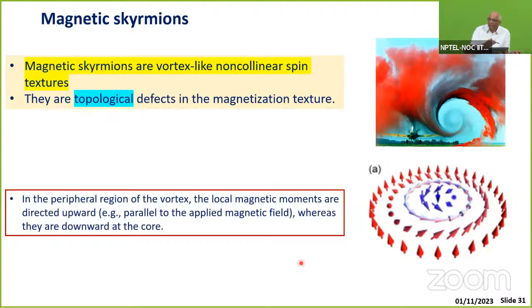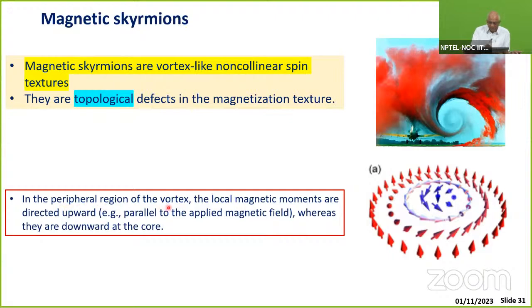The third exotic quasi-particle: magnetic skyrmions. Like you see when a plane takes off, you see all these vortices of air pockets. So it is a vortex-like non-collinear spin texture. Like you have a vortex of spins. And they are topological defects in the magnetization texture of some materials.